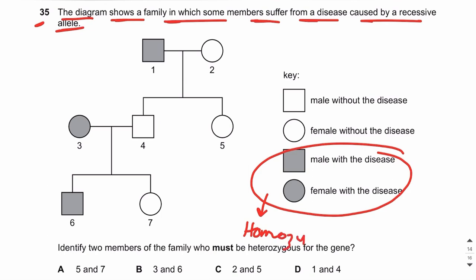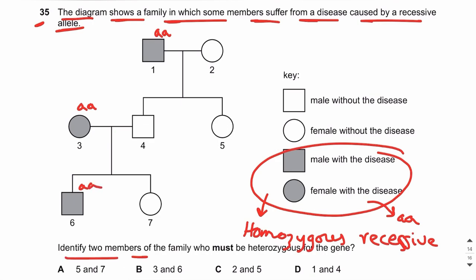Because a recessive allele only expresses itself when there is a homozygous condition. That means both the alleles should be recessive, for example, small a, for the disease to occur. So all the diseased individuals will be homozygous with both recessive alleles, right? And the diseased individuals are shown with gray.